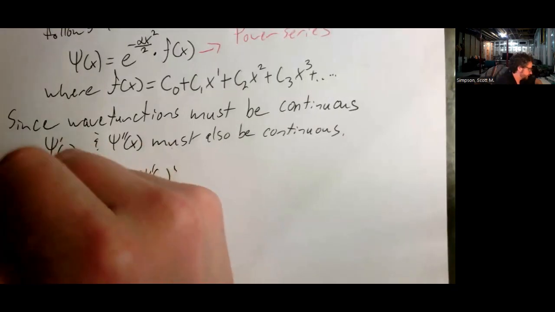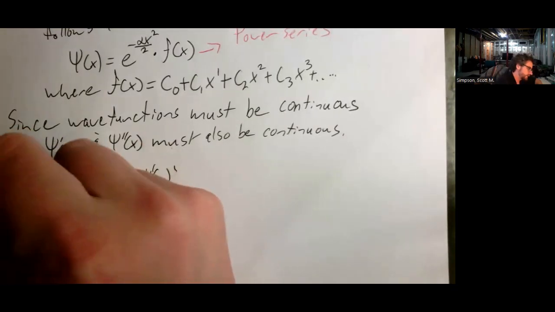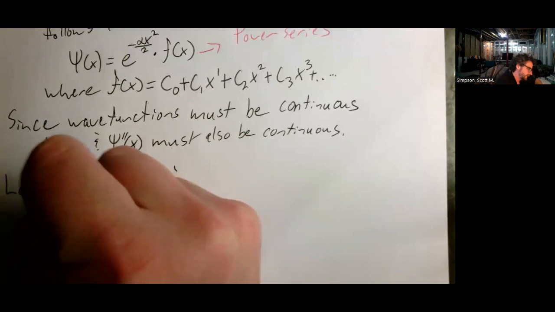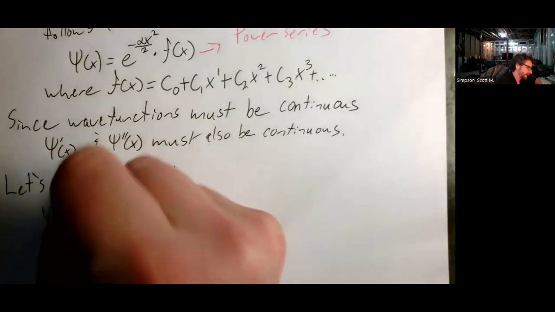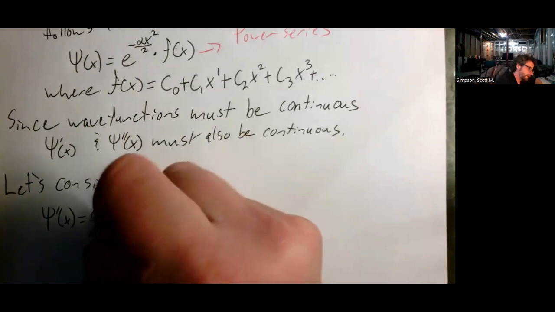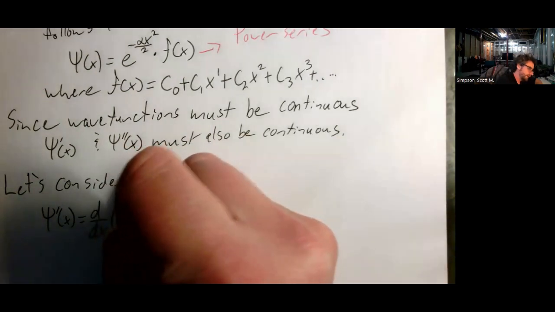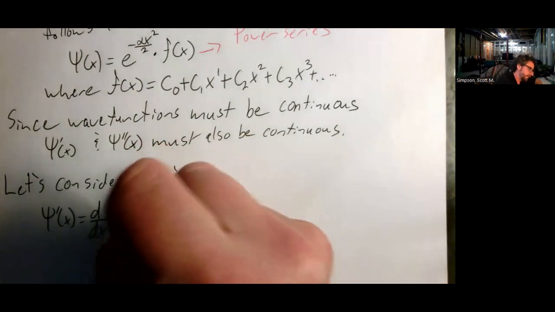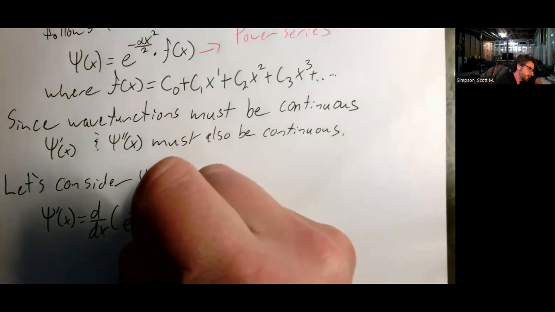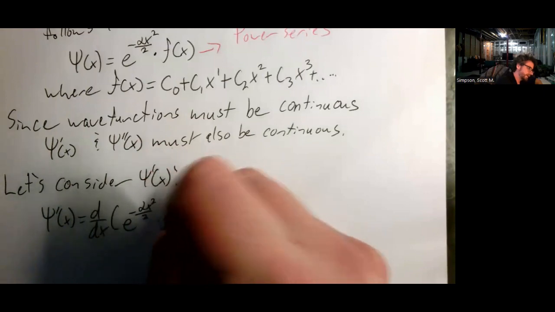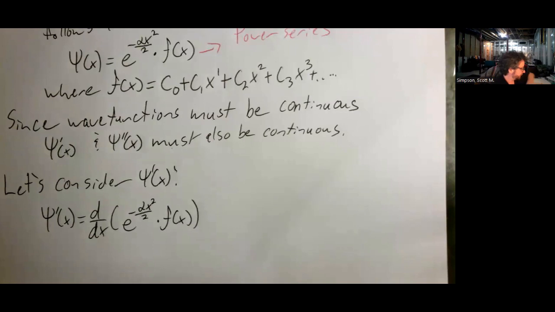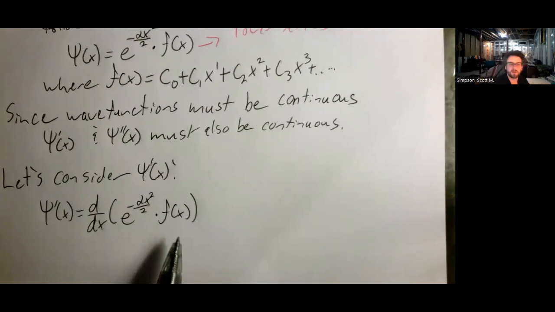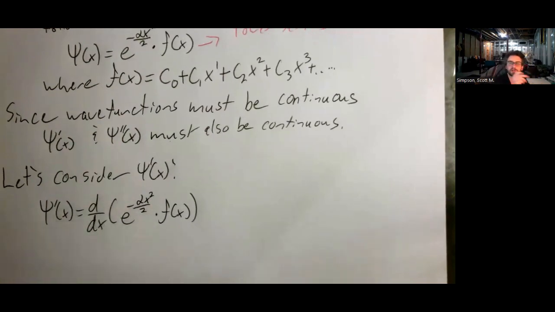So let's do that. It equals d dx of e to the minus alpha x squared over 2 times f of x. And we'll worry about what that power series looks like when we start differentiating it. For now, we're just going to call it f prime when we take a differential.